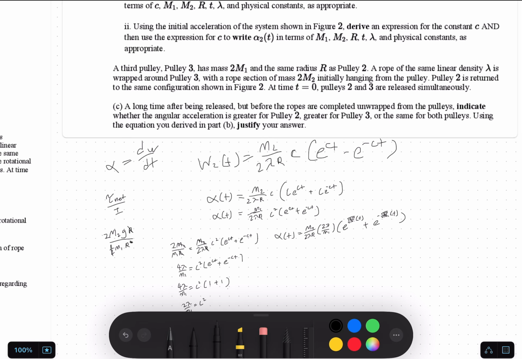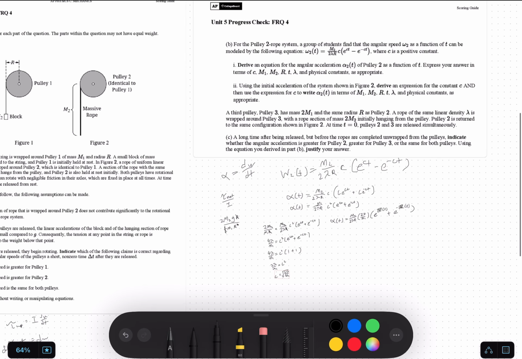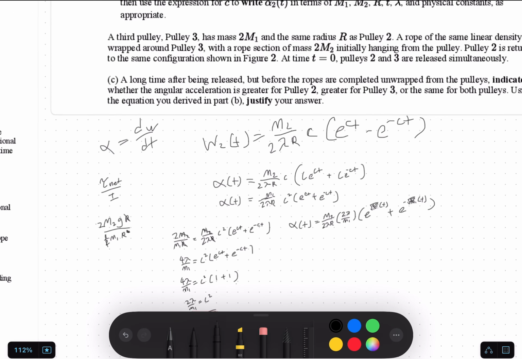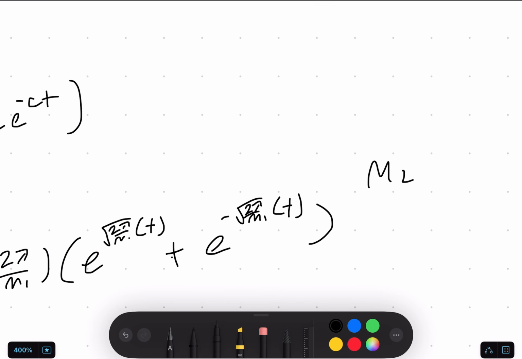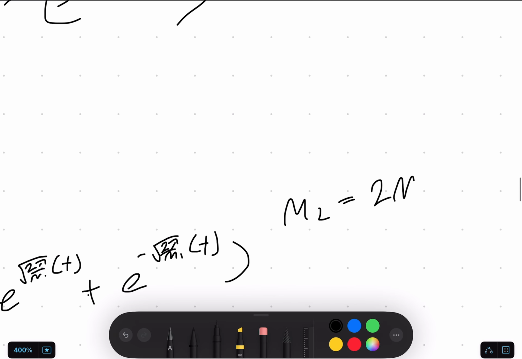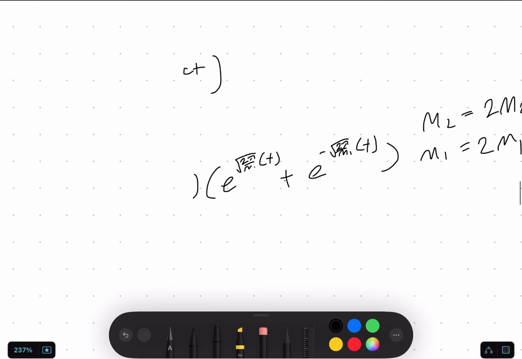I believe that pulley 2 would have greater angular acceleration, because for pulley 3, M2, which is the rope, is now twice, and M1 is now also twice.